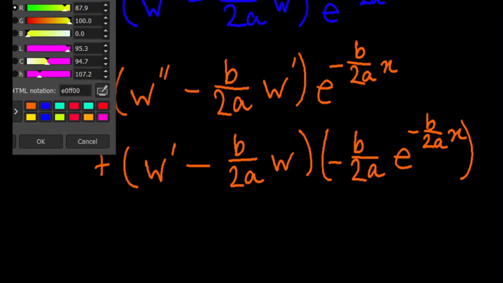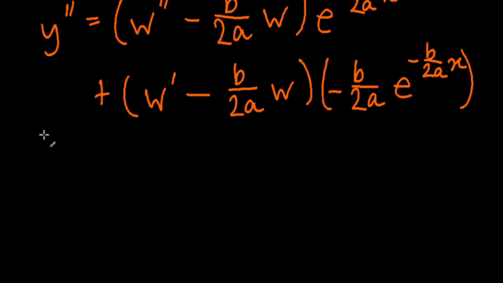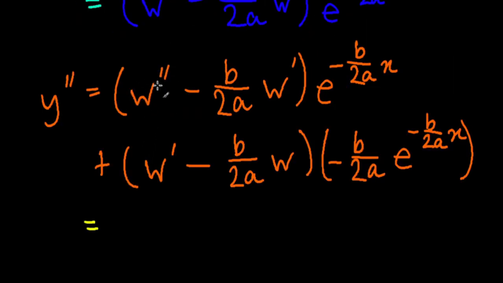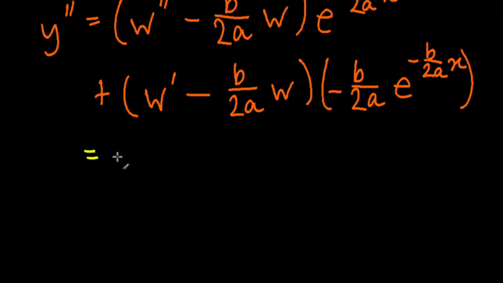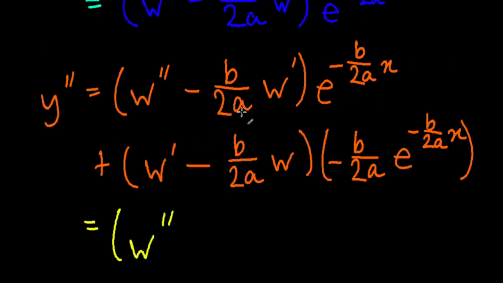If we factor out the exponential, what we're going to get is w double prime. That's the only second derivative on the right side. About w prime, we have negative b by 2a as the coefficient. Also another negative b by 2a, so it's going to be negative b by a.